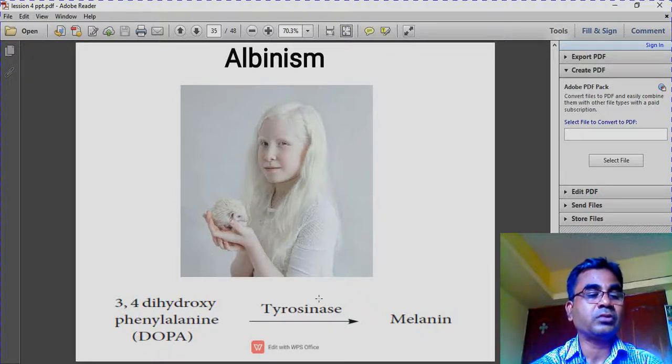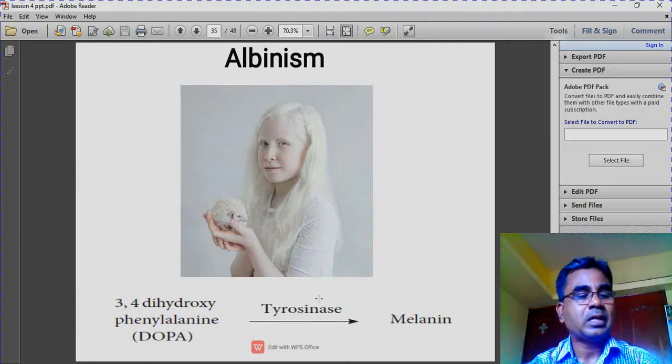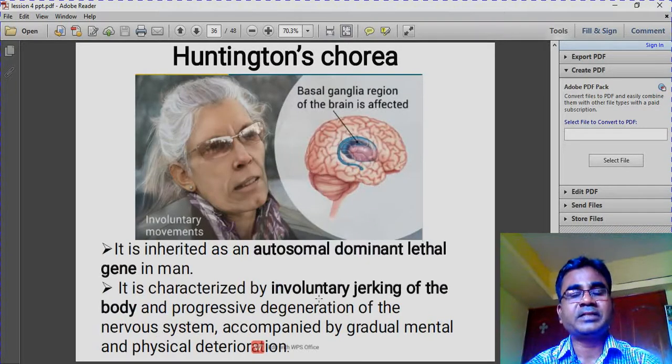So this is also caused by an autosomal recessive gene. And one more disease, that is Huntington's chorea, which is caused by an autosomal dominant gene. Albinism and phenylketonuria are caused by recessive genes, whereas Huntington's chorea is caused by a dominant gene, which is a lethal gene.